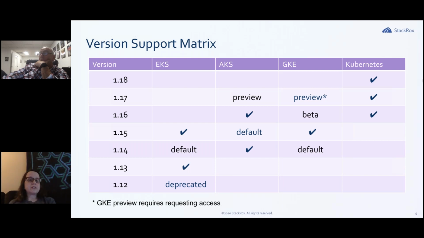That to me was a little surprising, because obviously, Google invented Kubernetes, so you would expect GKE to be the flagship. And in some ways they are, but as far as supporting versions, they are a little slow sometimes compared to Azure.